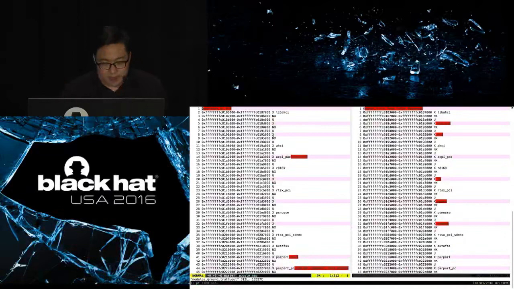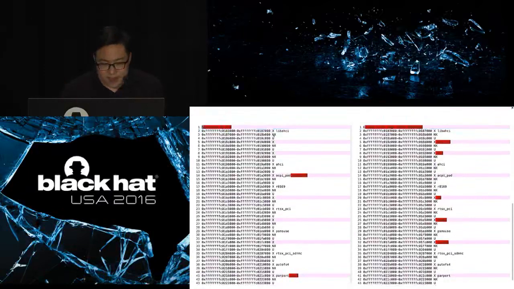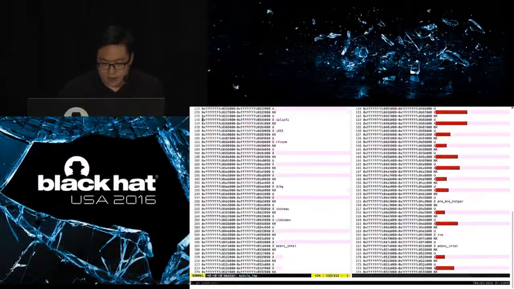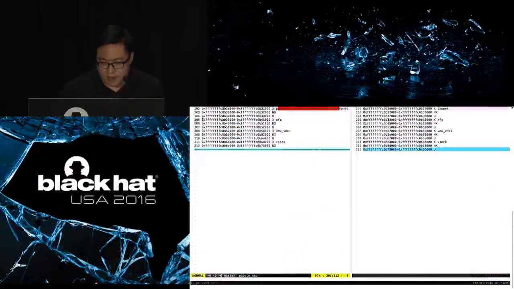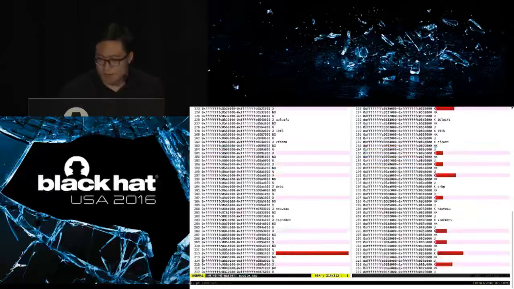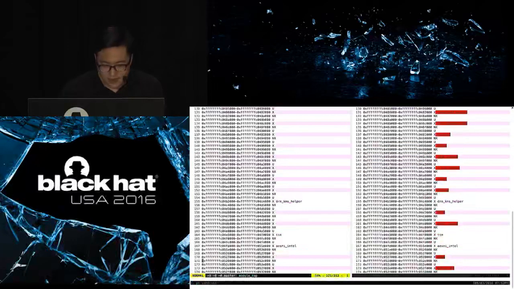Please focus on the address and the permission part. I will move down. You cannot see any red mark on the addresses or permissions. So DRK can get the exact mappings and exact address information, the same as the page table, through the attack.